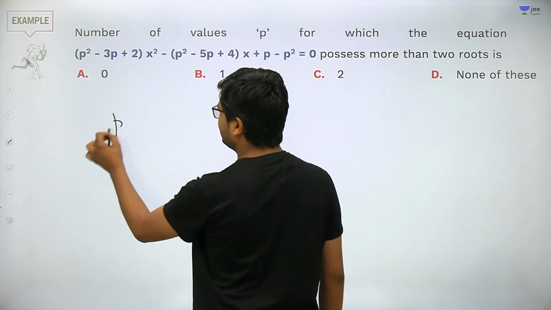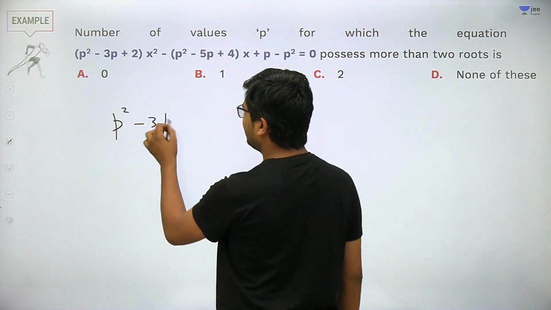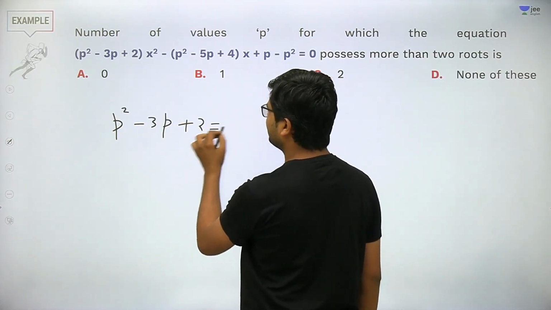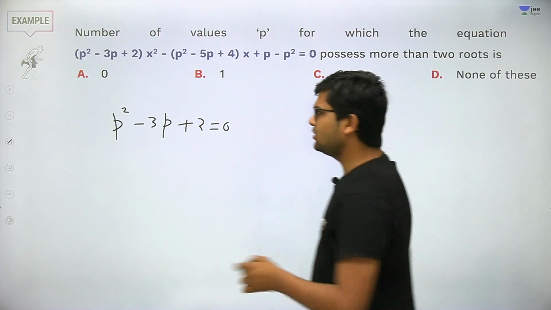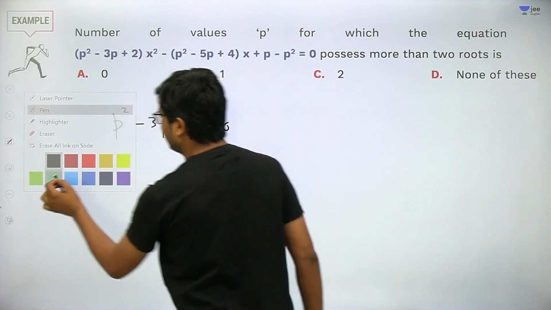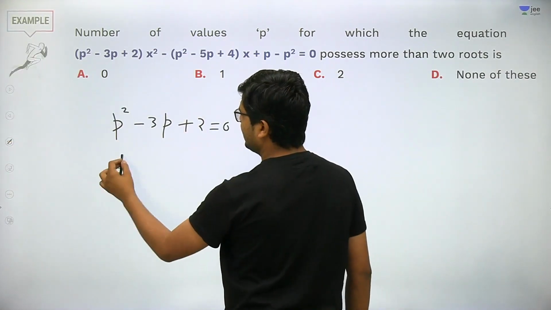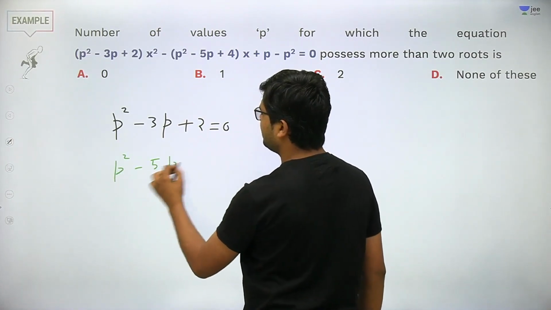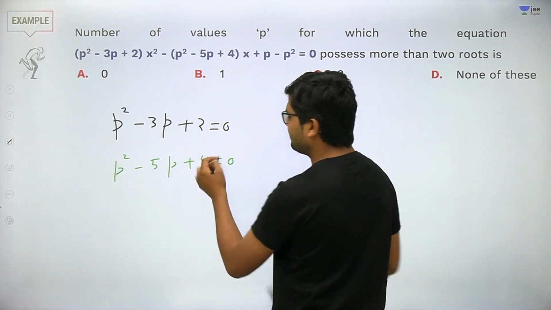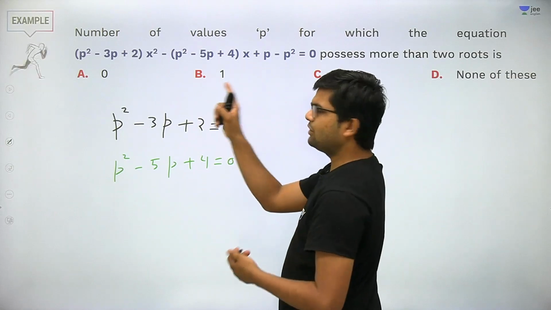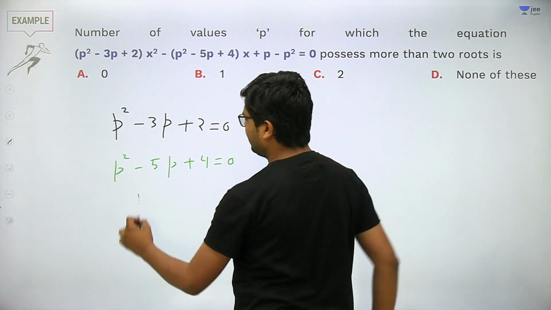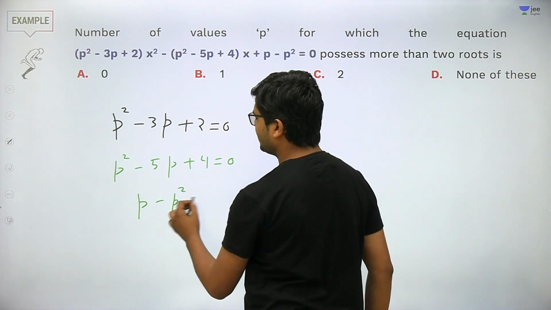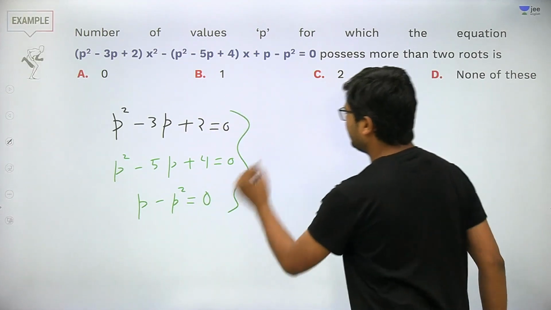So this gives me the equation that p square plus 3p minus 2 equal to 0. This should be 0. And the second equation, which is p square minus 5p plus 4 equal to 0. Getting my point? Very easy solution. If a quadratic becomes an identity, a, b and c, all the coefficient and constant terms become 0 simultaneously.